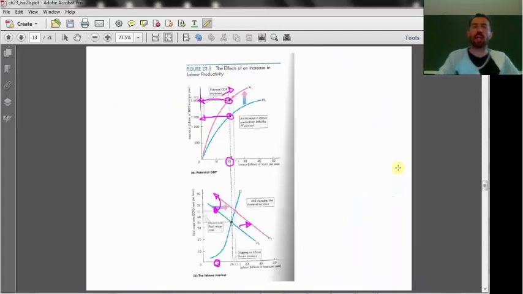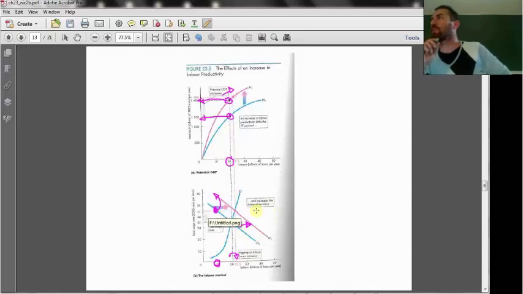When we change labor productivity, we shift labor demand, we shift the production function and we have a movement along the production function, because our equilibrium level of labor also increases as our labor demand function shifts to the right.